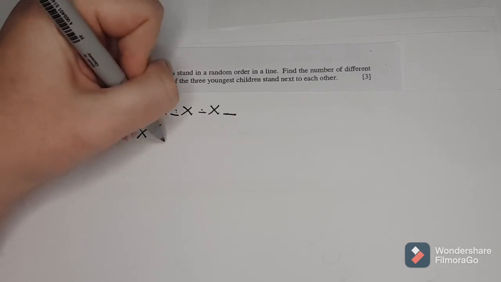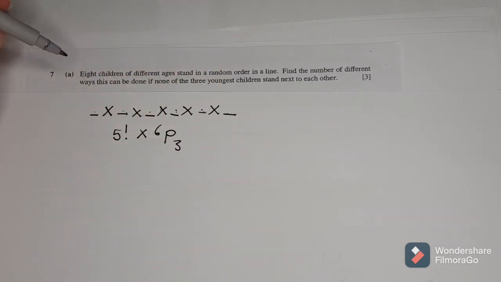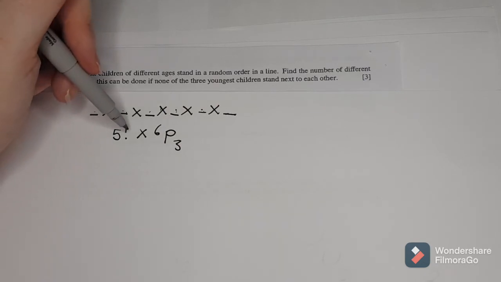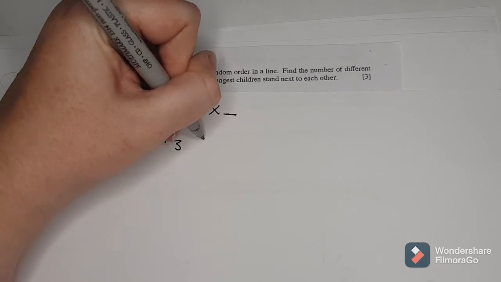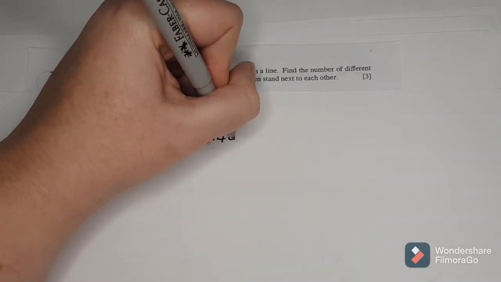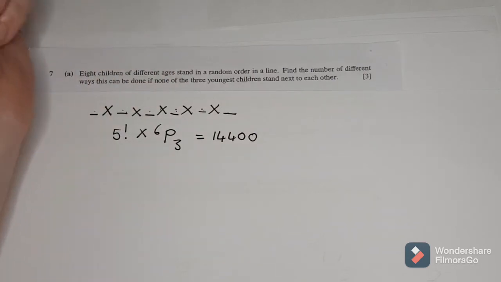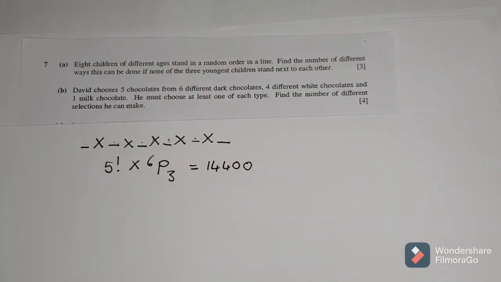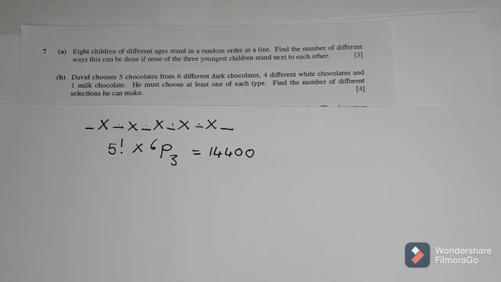So out of the 6 spaces, you're going to pick 3 of them for the children. So we're going to have our 5 older ones and then our 3 younger ones to give us a final answer of 14400.